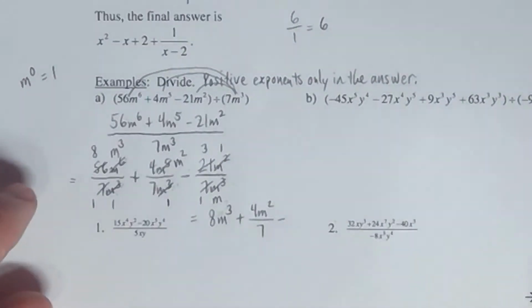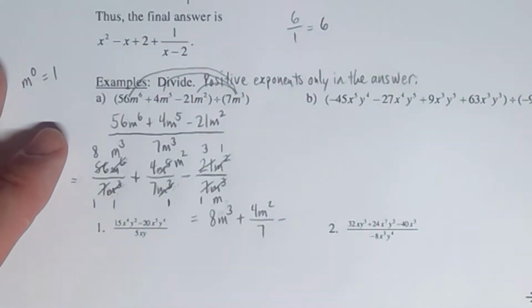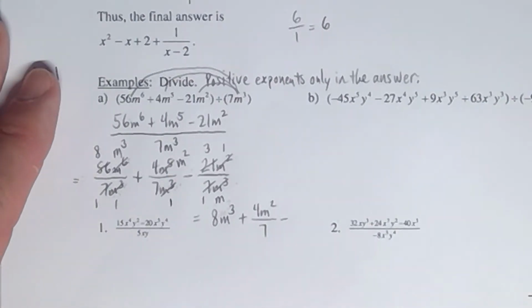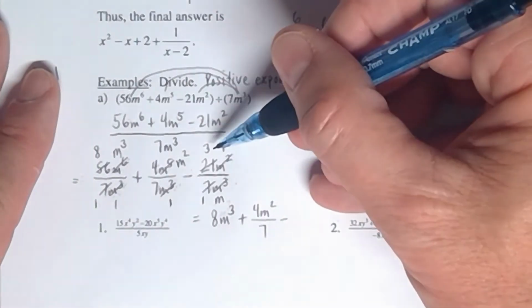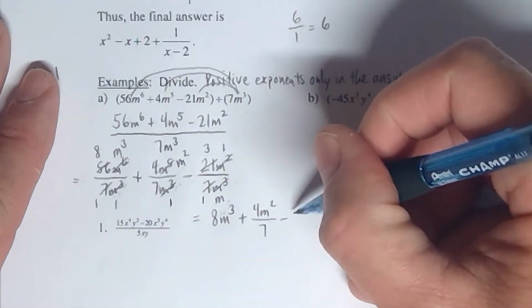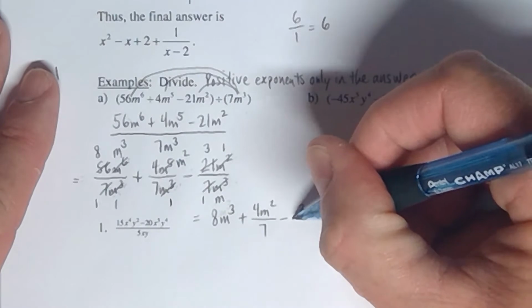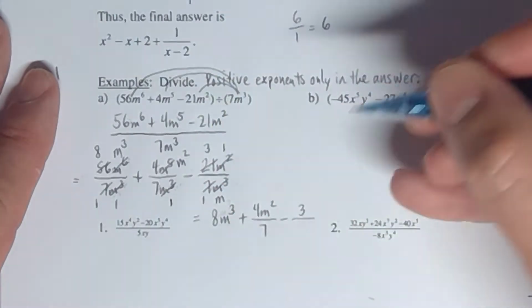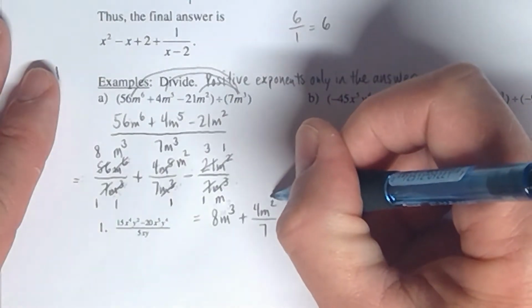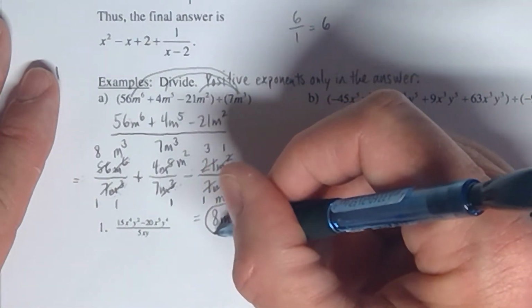Remember, when the exponent is 1, you don't have to write the 1. So what do I have left here? 3 times 1 is what's left on the top, which is 3. And on the bottom, I have 1 times m, which is m. And that's it. Okay, so let's review here.